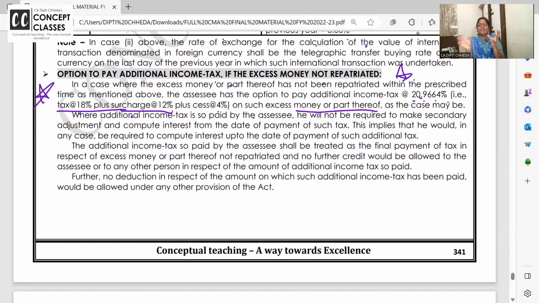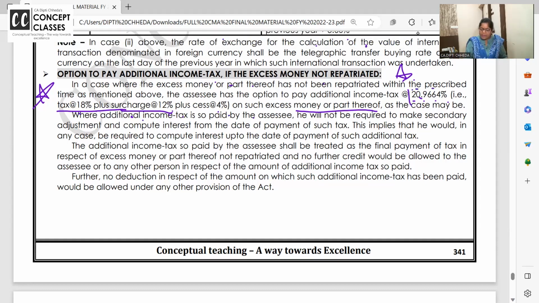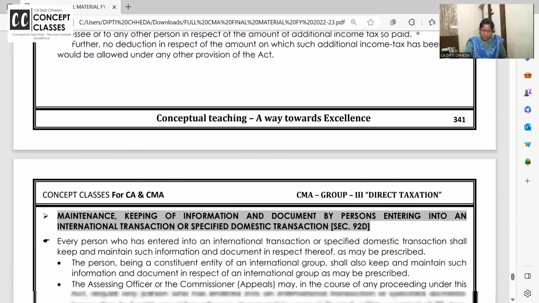But every year, this difference of 20 lakhs will be treated as a loan, and on that interest will be added to my income, and on that interest also I have to pay tax. How many years will I pay, go on paying like this? Then in that case, for once you pay additional tax of 18% plus 12% surcharge plus 4%, that is 20.9664%, and that's all. Okay.